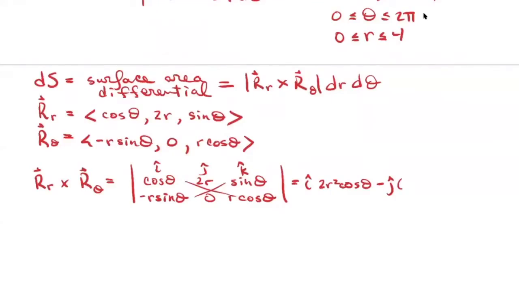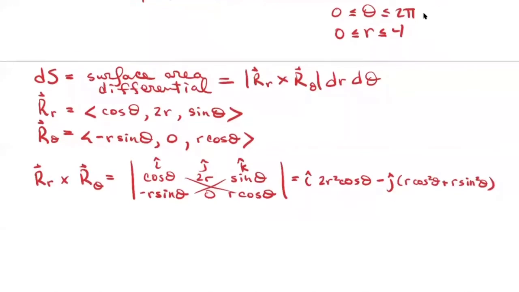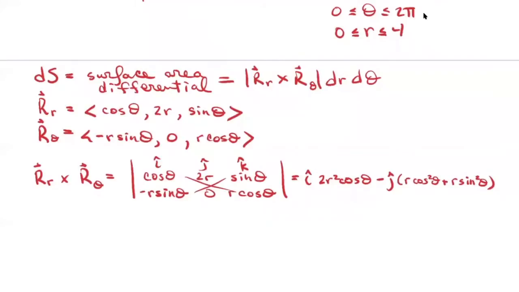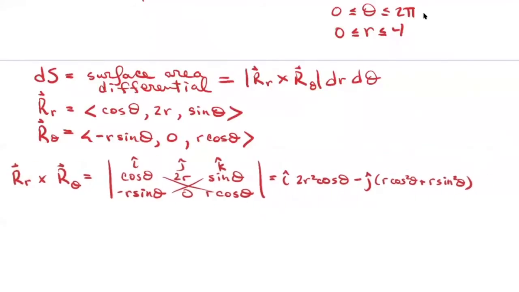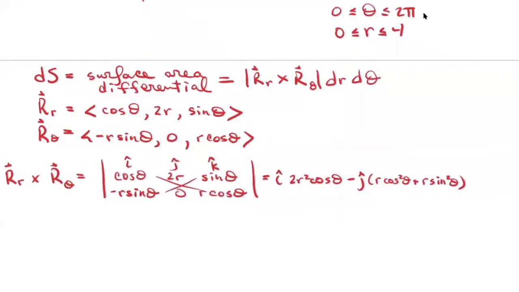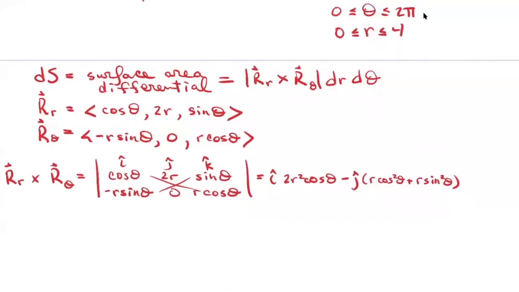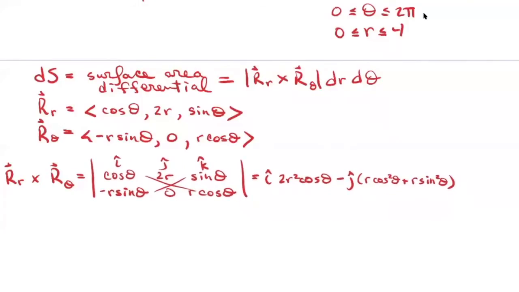Double negative will make a positive. r cos squared theta plus r sine squared theta. Okay. Any questions? I'm trying to make space real quick here, so just one second. I think we're all right.